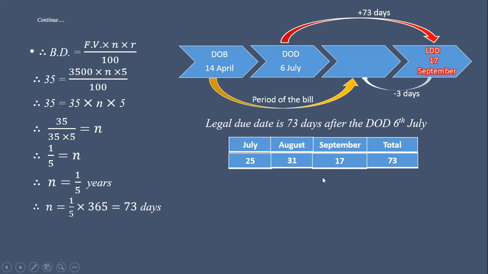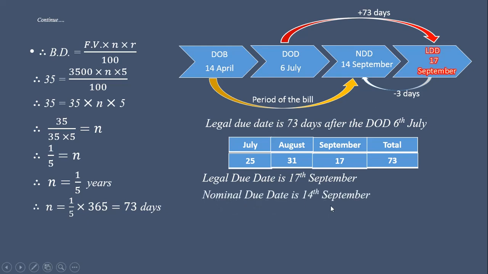Now we subtract 3 days. Here we write, legal due date is 17 September. Now subtracting 3 days, 17 minus 3, we get 14 September. So the nominal due date is 14 September. We want to find the period of the bill, so we have to count from the date of bill to the nominal due date.